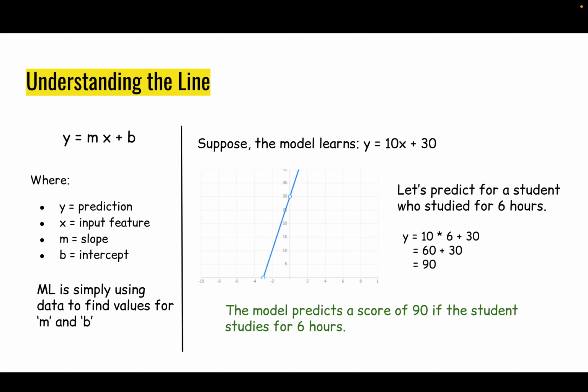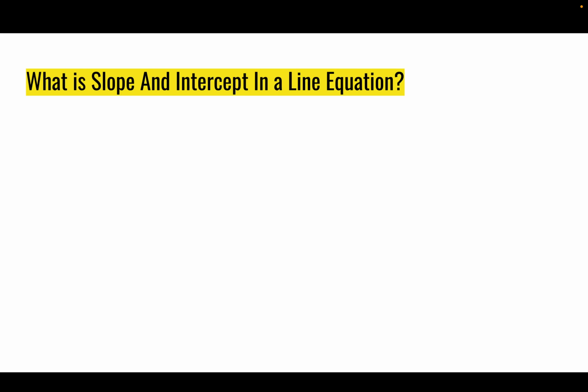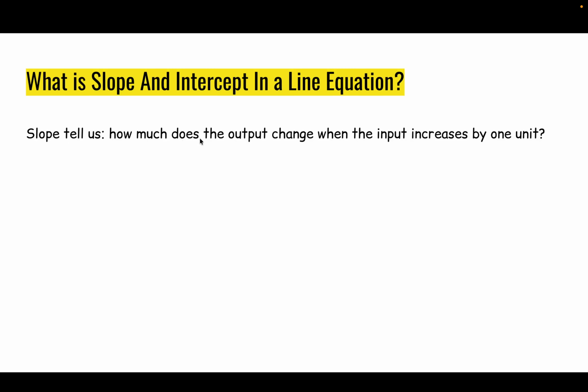Now let's understand a few more things inside the equation, which is slope and intercept. So slope tells us how much the output changes when the input increases by 1 unit. So in our case, we have hours studied as the input. If you increase the number of hours by 1 unit, which is like 1 hour is increased, how much will the score change?